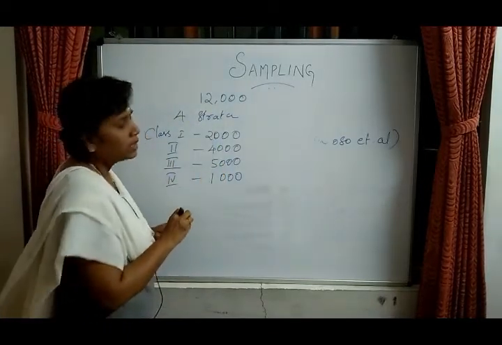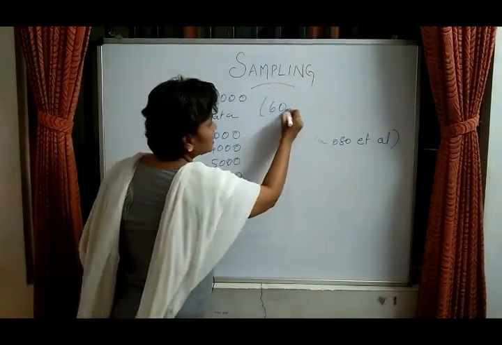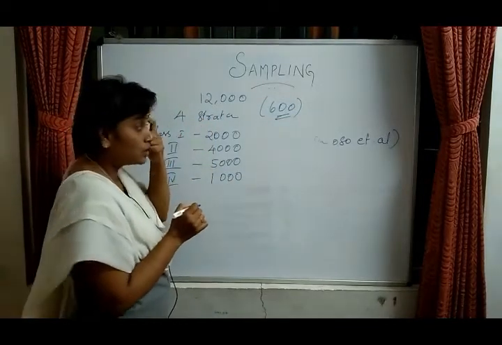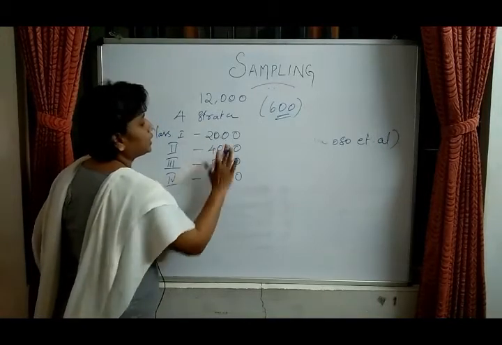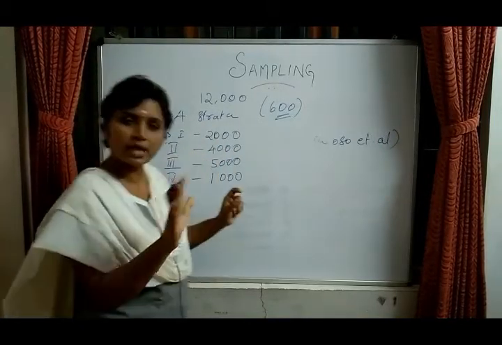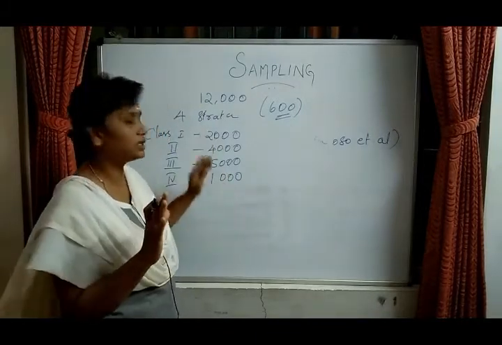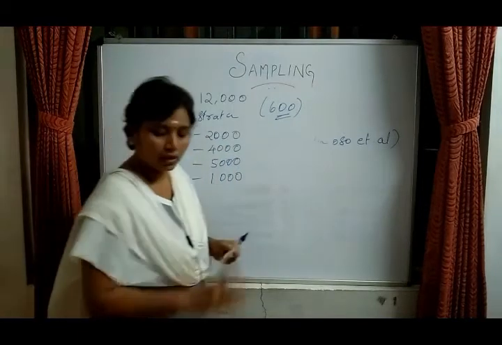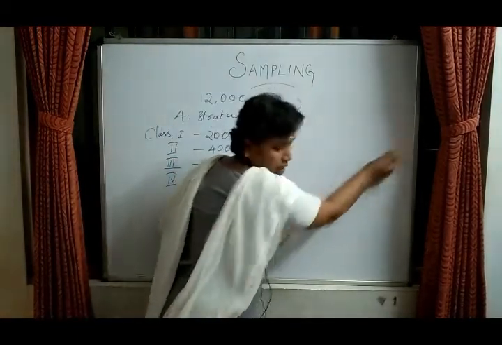Okay, in this 12,000 we have to take a 600 sample size. Here, in each strata we have to give a chance for all the group members. All the strata should be given an equal chance. So for that first we have to identify the sampling fraction.